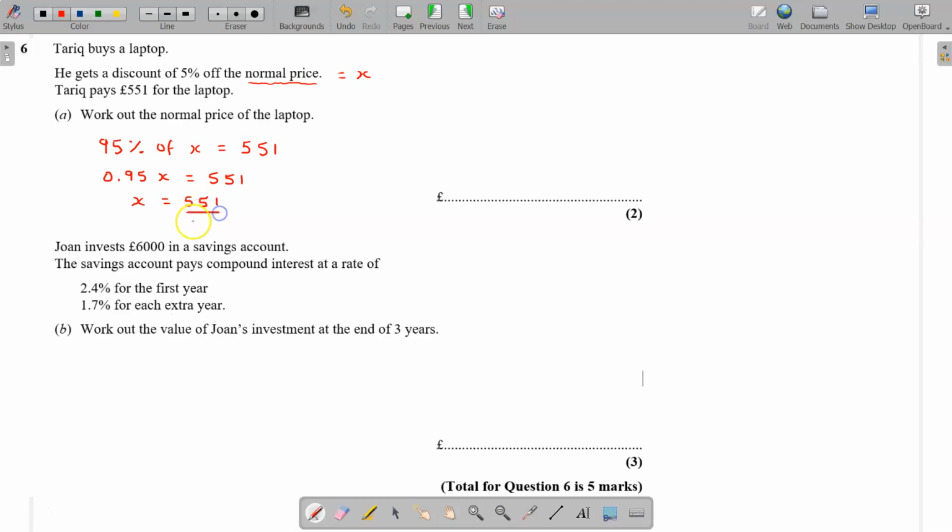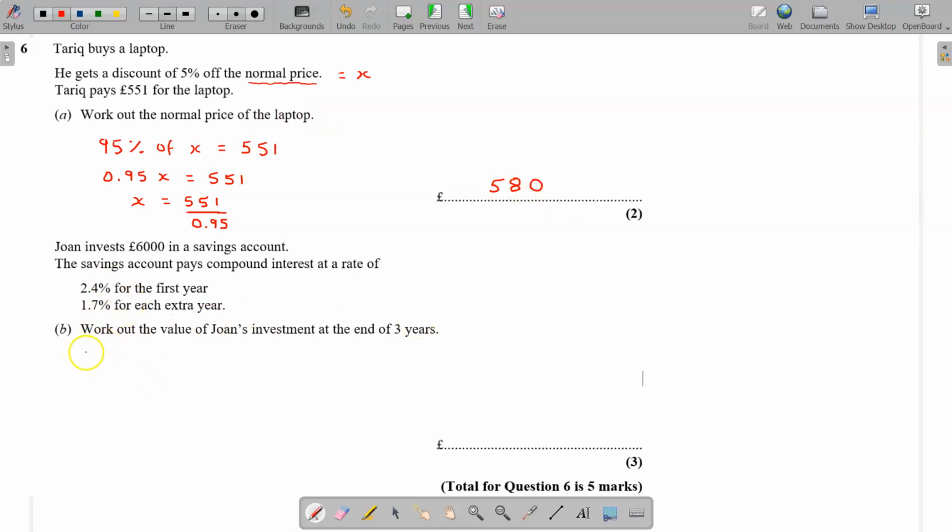Now you should know if you're dividing by a number between 0 and 1, the answer you get is bigger than what you started with, and it is indeed £580. And it's easy to check. Just take 5% of 580 away, which is 29, and you'll get to 551. But you shouldn't do it by trial and improvement. You should use this method, get the answer, and then check afterwards that it works.